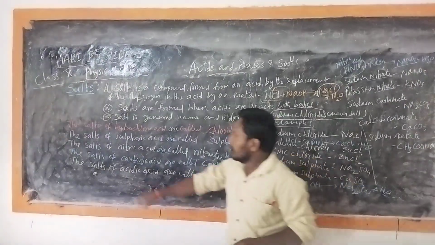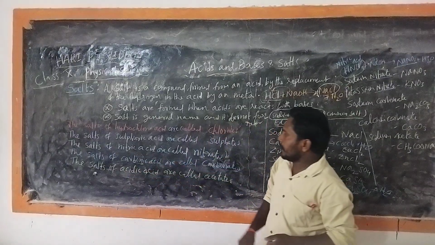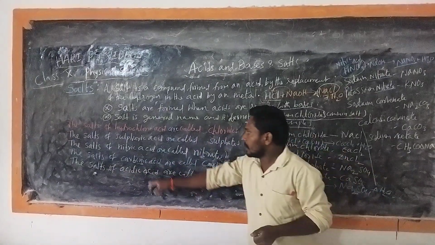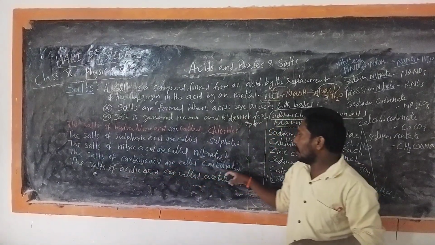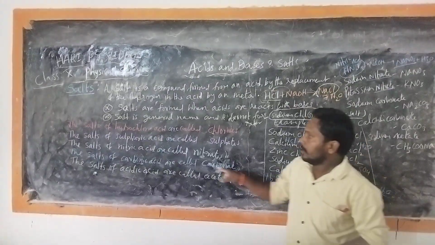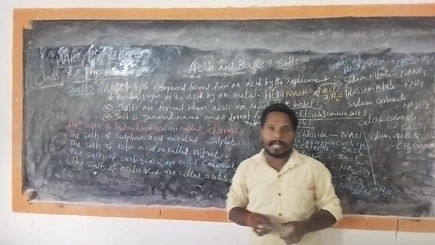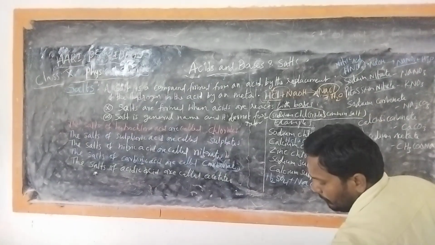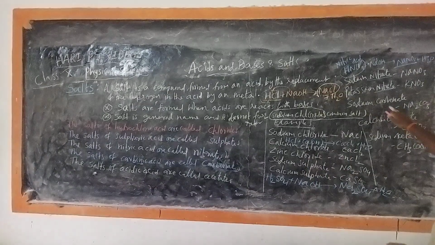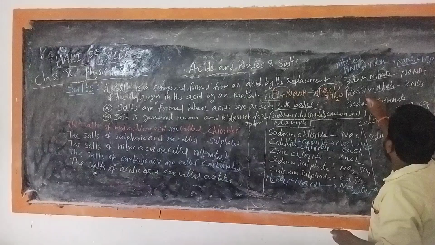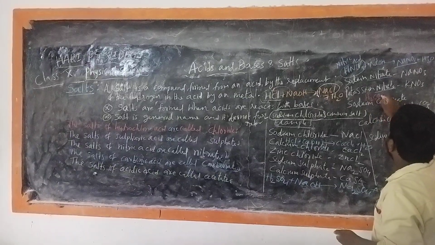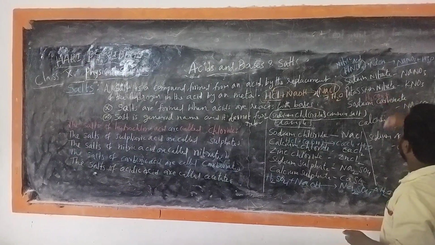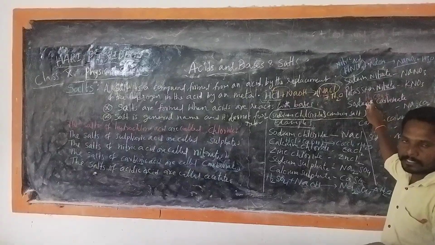Then one more: the salts of carbonic acid are called carbonates. For example, sodium carbonate. H2CO3 is carbonic acid.